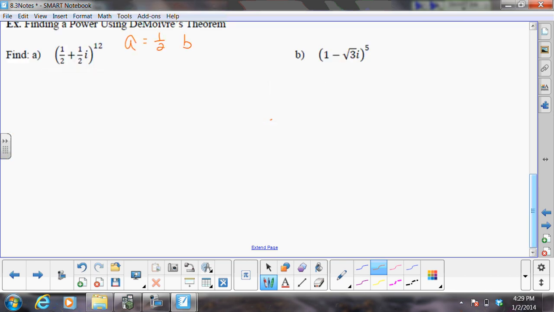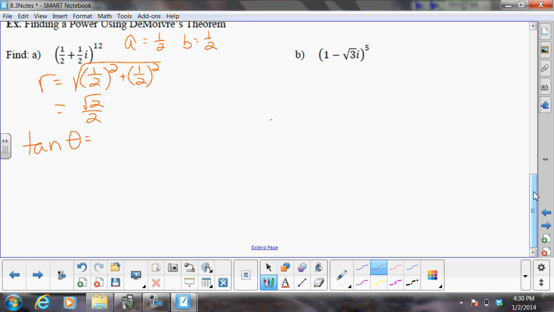A is a half, B is a half. So we need to find r. So 1/2 squared plus 1/2 squared, you do a bunch of fun fancy math, and you get radical 2 over 2. Then we got to find theta.